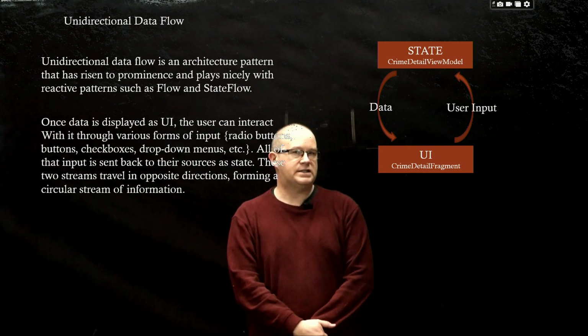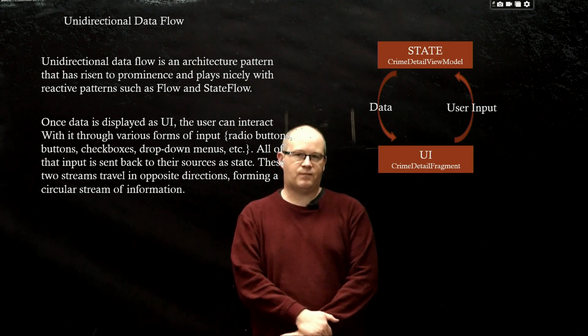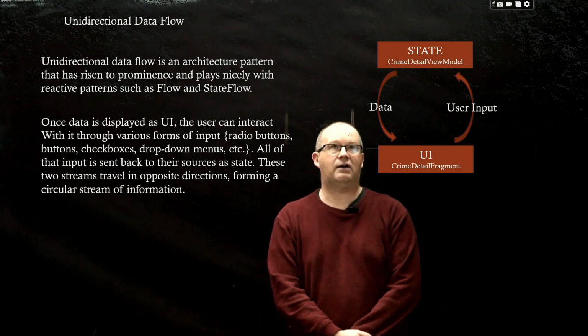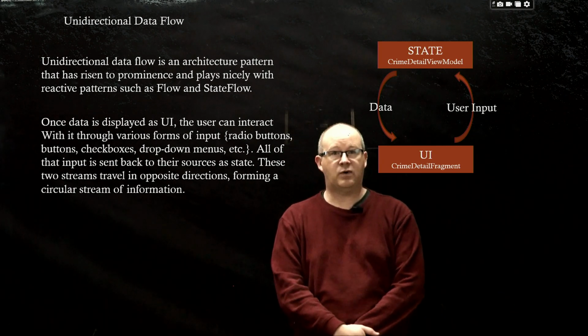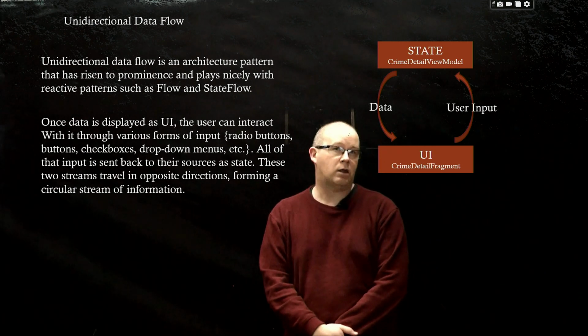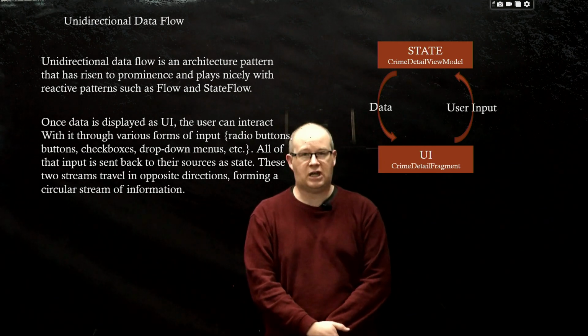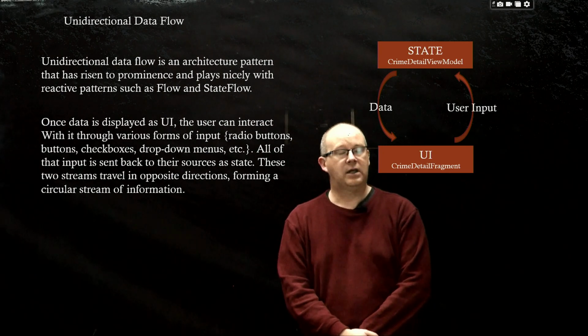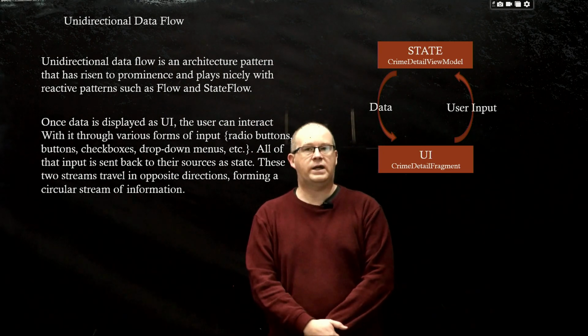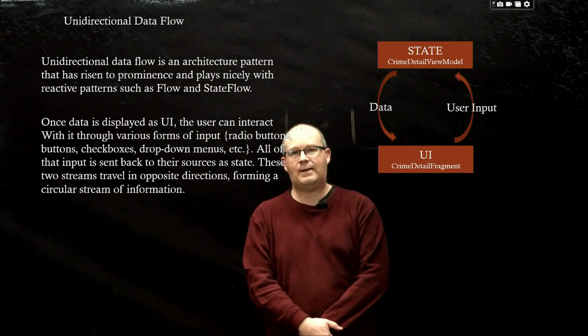We have data coming from the database, and we have updates that the user could make by interacting with our user interface with all kinds of different views like checkboxes, which we have, or an edit text field, but it could be other things like radio buttons or sliders, drop-down menus.